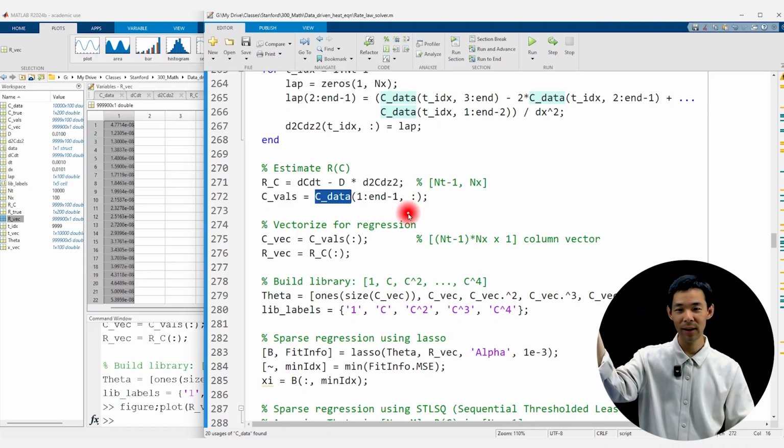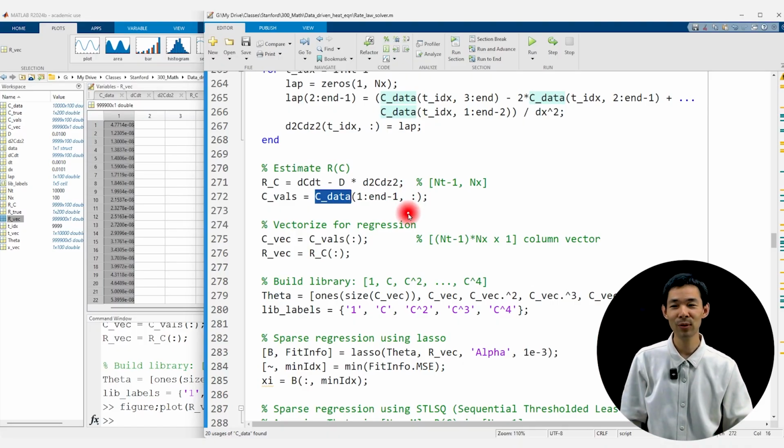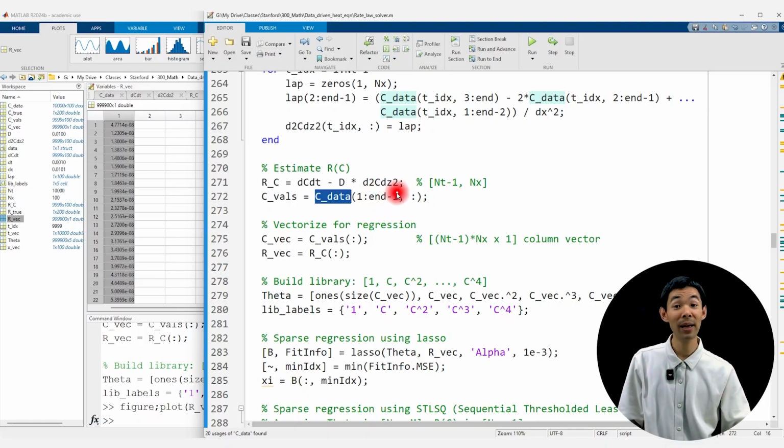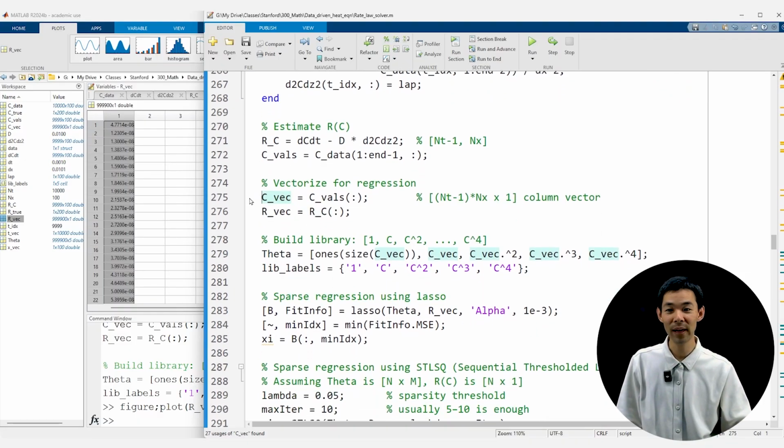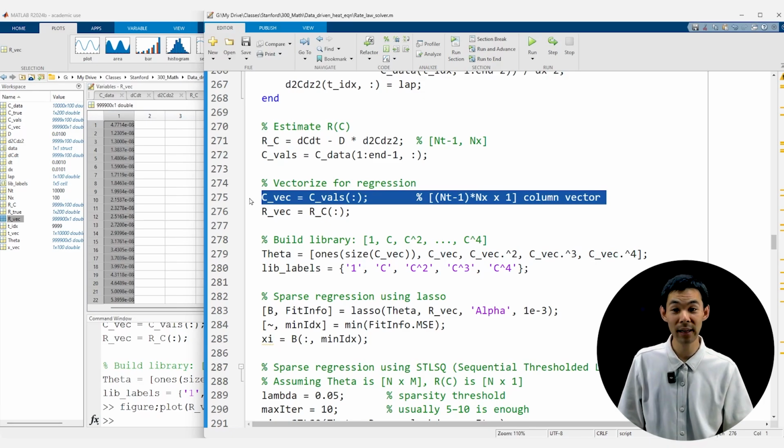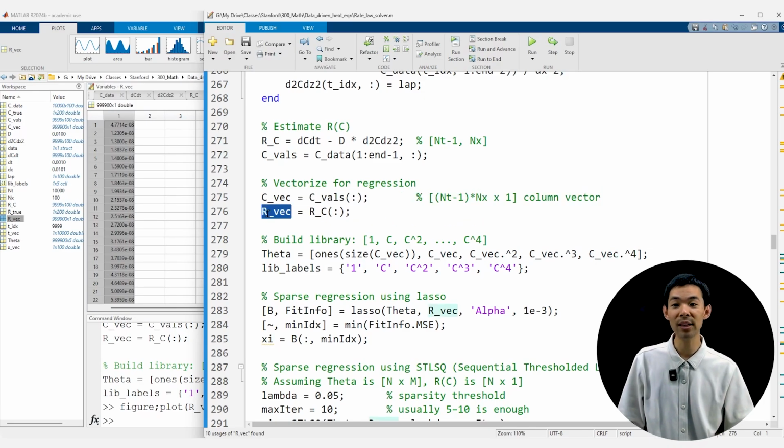And therefore, from 10,000 time points, we're going to get 9,999 instead. And so we're going to take 1 to n minus 1 of that gigantic concentration data, so that now these two are the same size. And we're going to take the entire concentration data and then also put it into an entire vector, which I've called CVec. All right. Now what we're going to do is take that concentration vector that came directly from your data that corresponds to each value inside of this RVec.